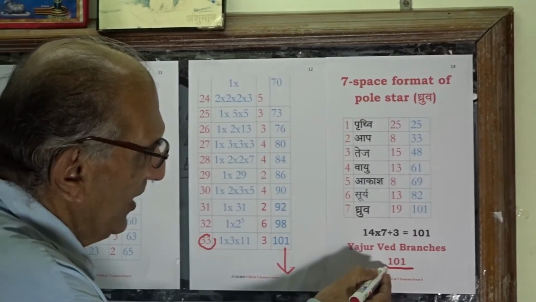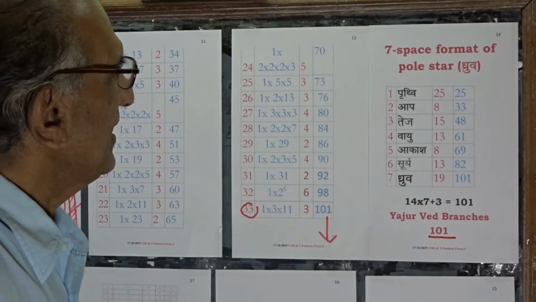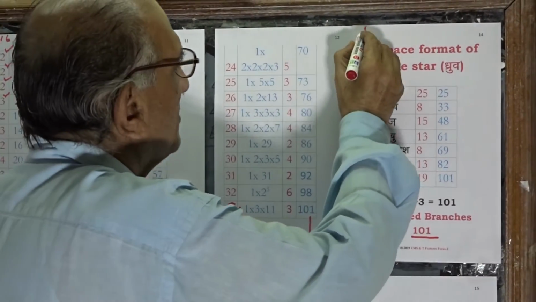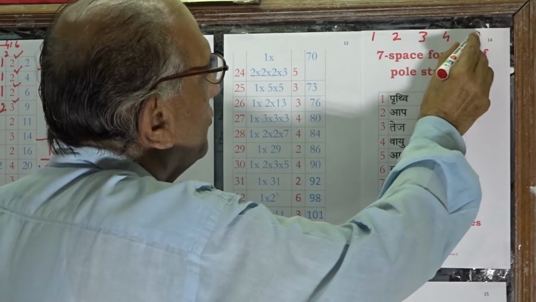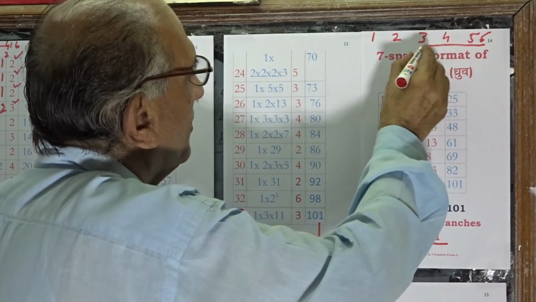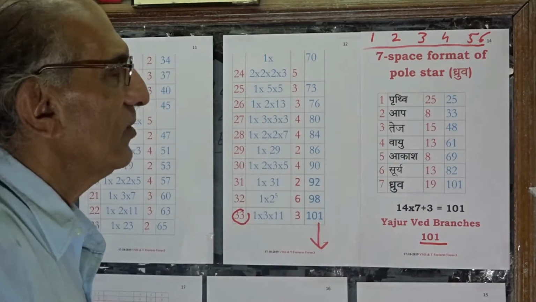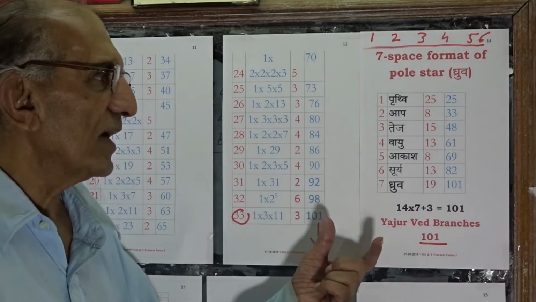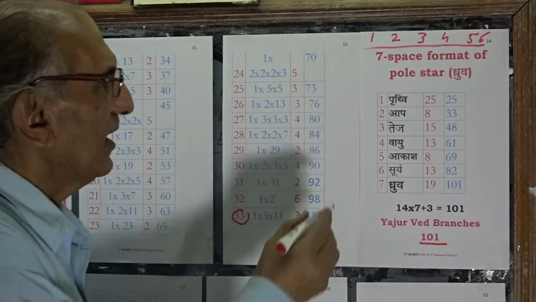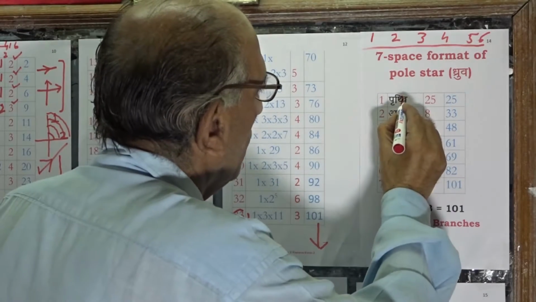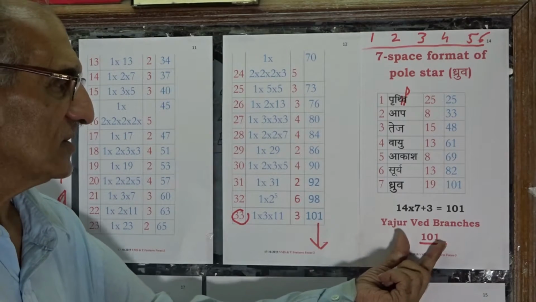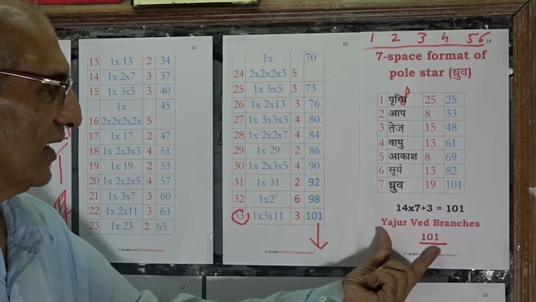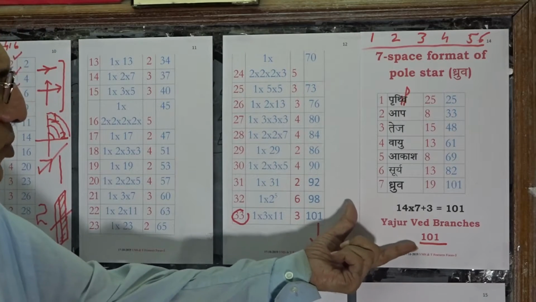As we have seen that initially with the Sthapatya miring rod we were reaching the value 21, which is the value of the 21 branches of a Rig Veda. However, here we are now reaching the value 101, which is the format of the 101 branches of a Yajur Veda.